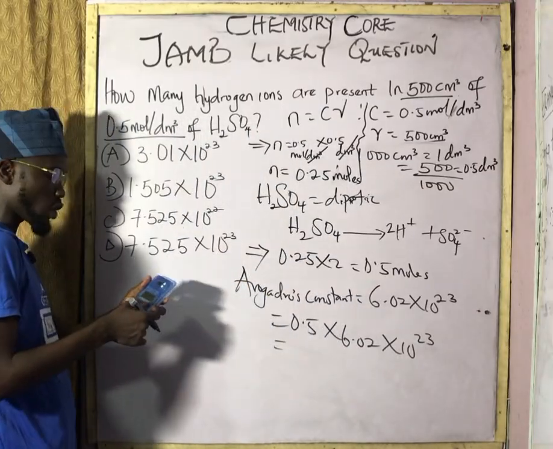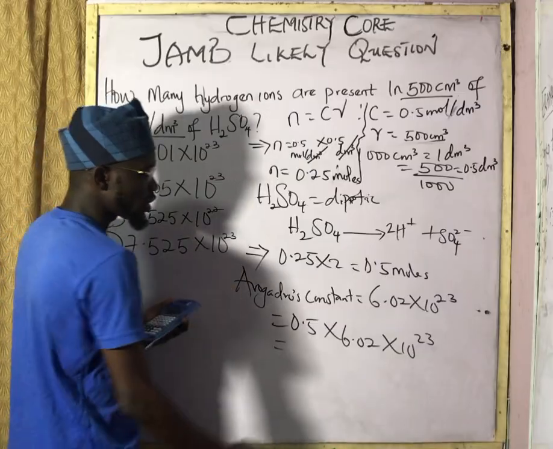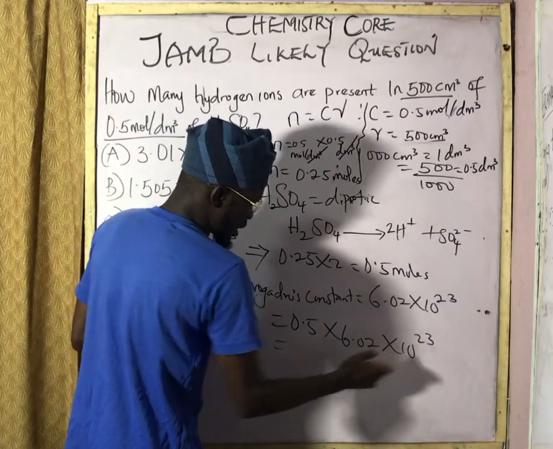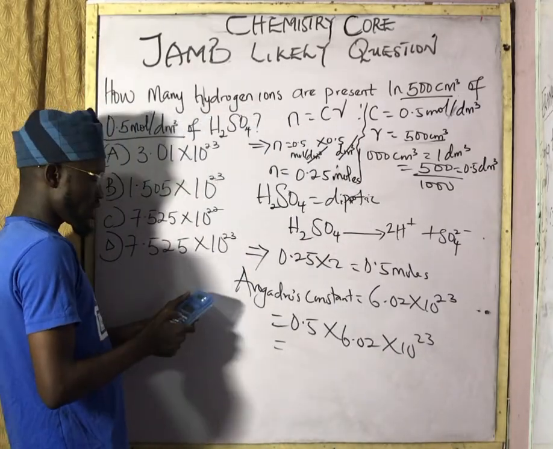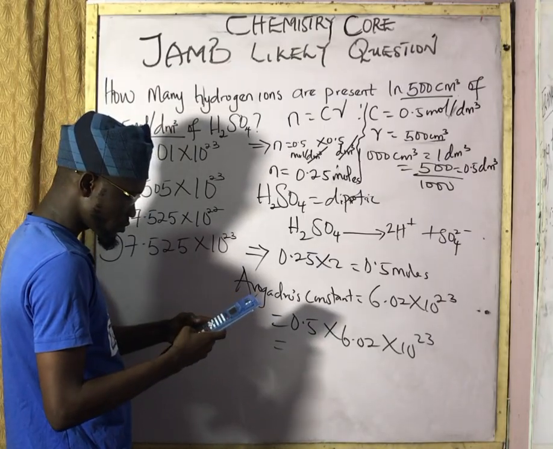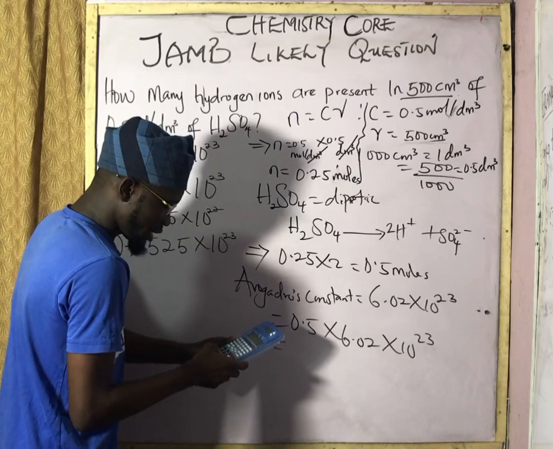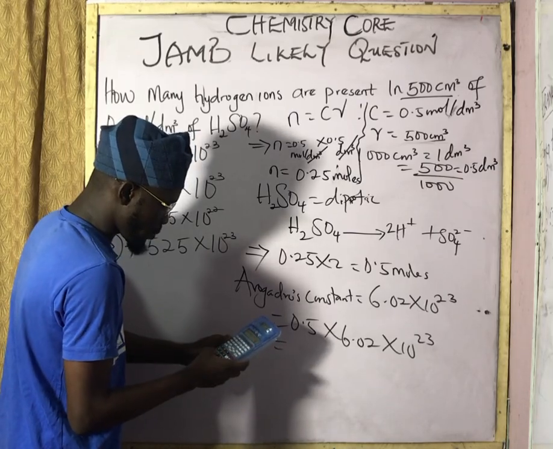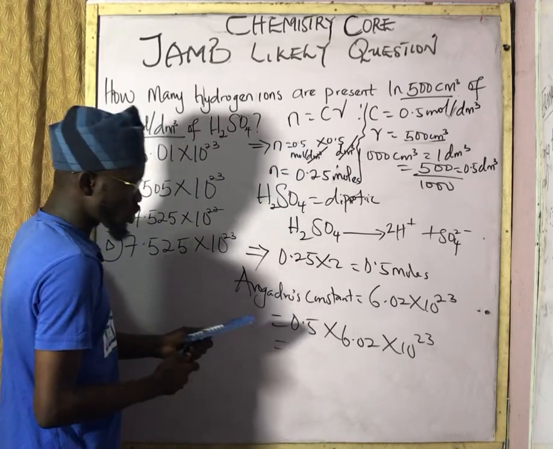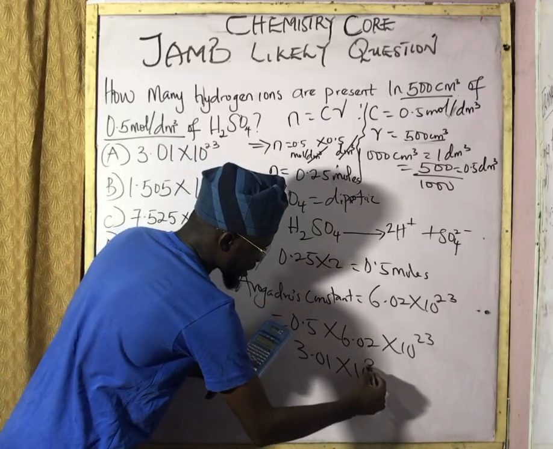If you are to solve a question like this, I will advise you as a JAMB candidate, don't tamper with this. Instead, you can easily say you have 0.5 times 6.02. So we have 3.01 times 10 raised to the power what, guys?